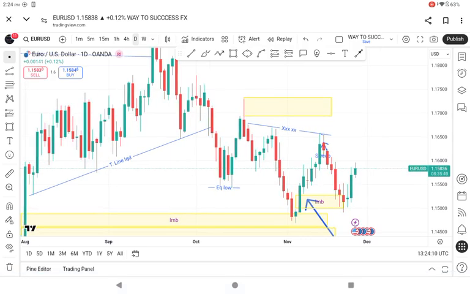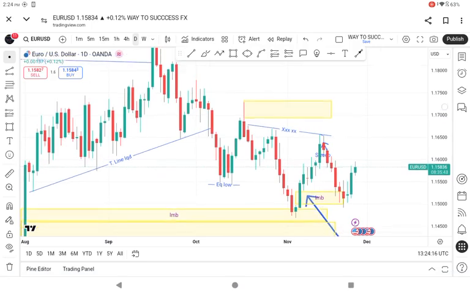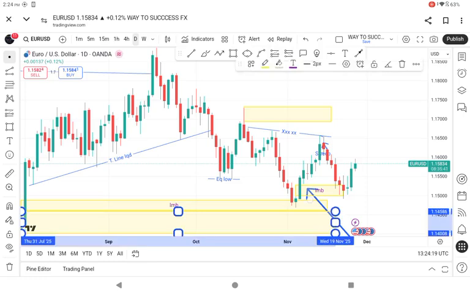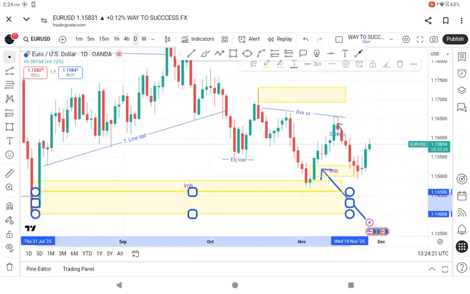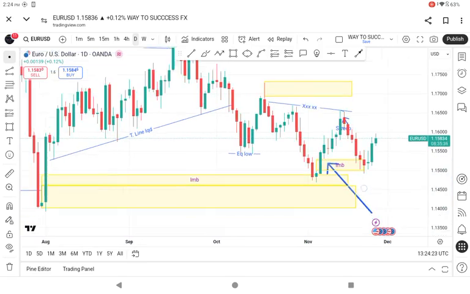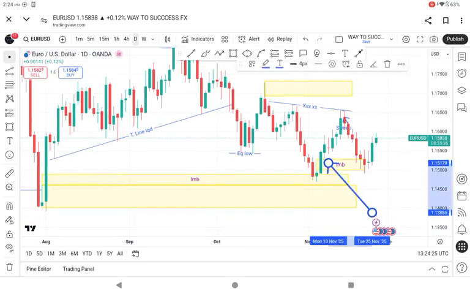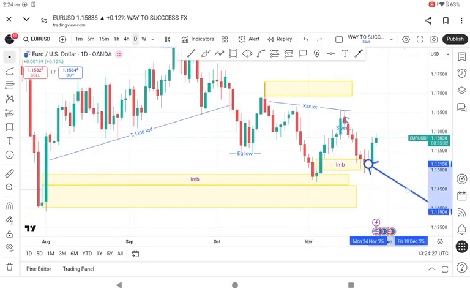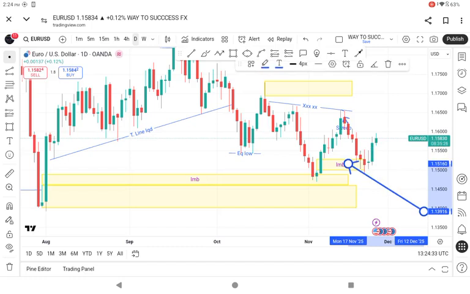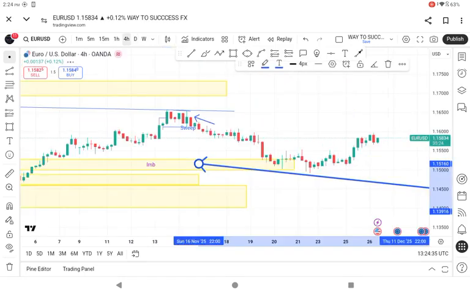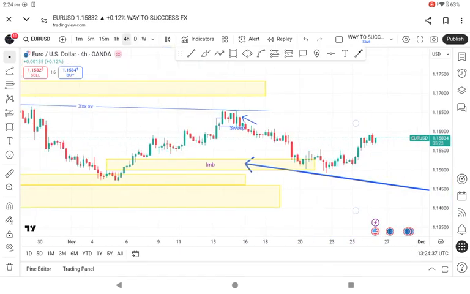So price started rejecting at that imbalance, and finally we had a bullish candle, a bullish candle that closed above the red candle. So when this happened, I think let's go down to H4 and see what is ongoing currently.